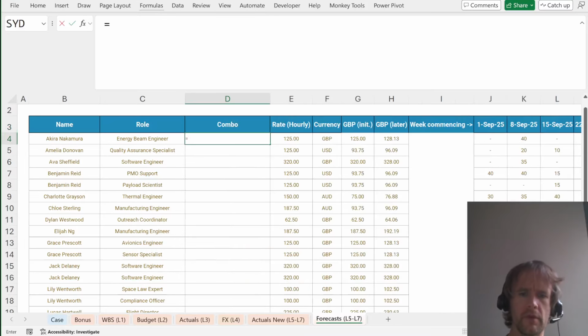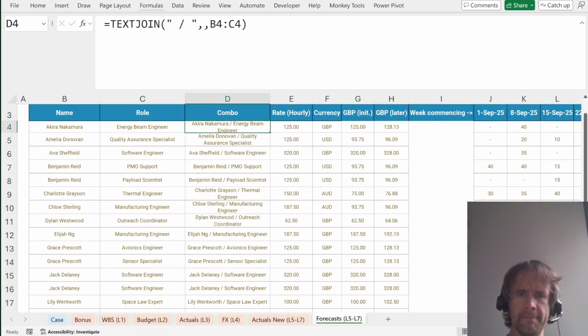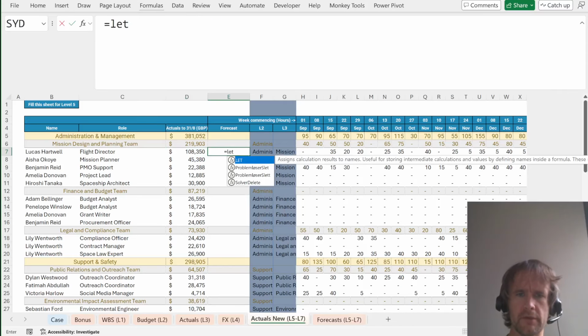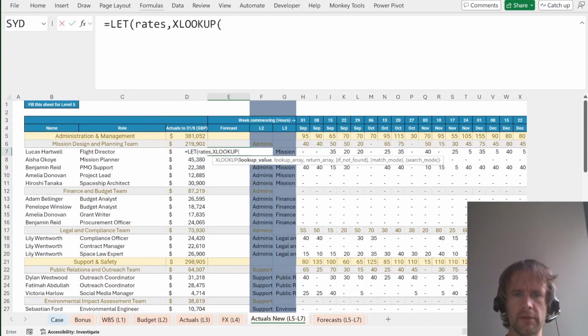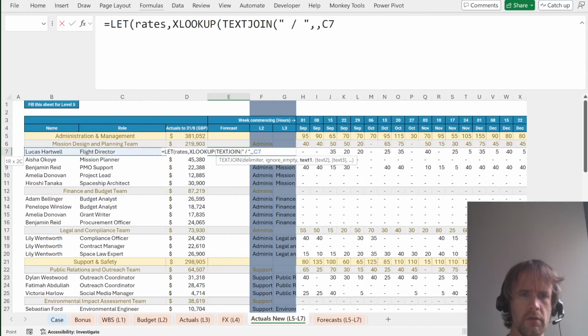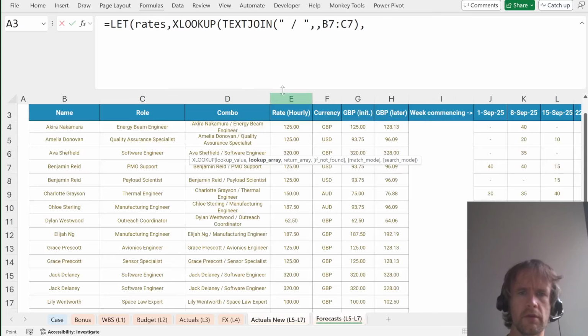Combo. Join. All right, delimiter. Let's do that. These. Okay, so then we'll say let rates be XLOOKUP join. That in here.